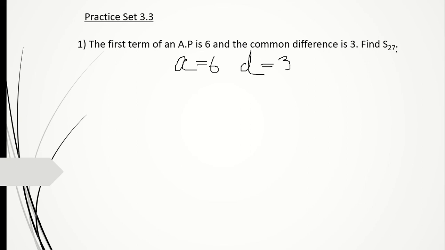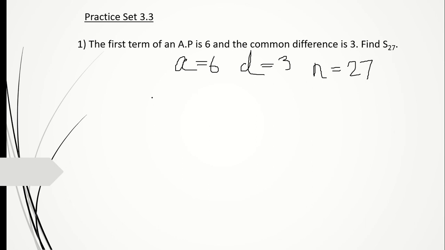Find S27. So S27 means sum of 27 terms. So in this case n is 27. This you have to understand here. Although they might not have given it directly, S27 means this is the sum of 27 terms.